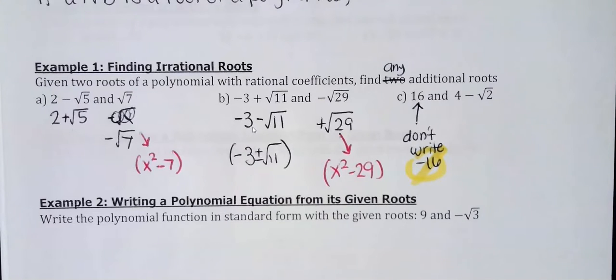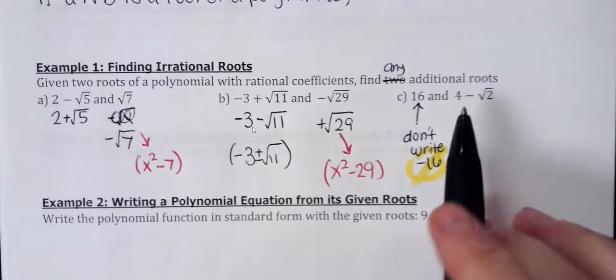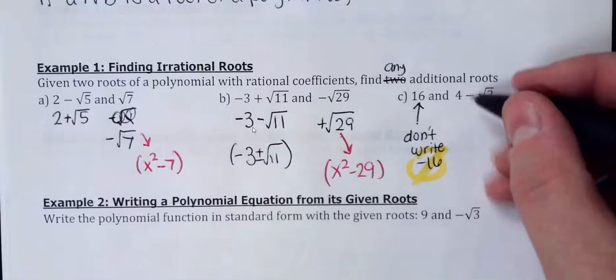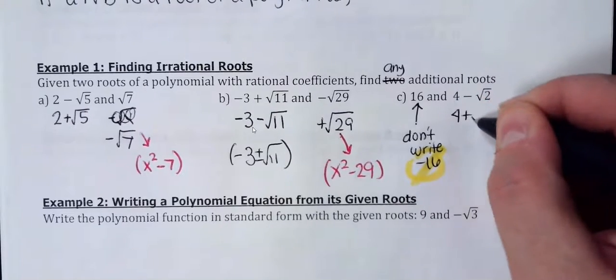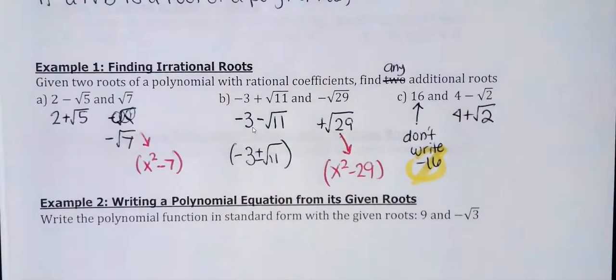So just keep that in mind. So just plain 16. The only additional root you would have here would be the conjugate of this 4 minus root 2. It would be 4 plus root 2. It has to involve a radical to have a conjugate for these questions we're going to do today. The questions tomorrow, it's going to have to involve a term with an i in it. So with no i, no radical, no conjugate, okay?